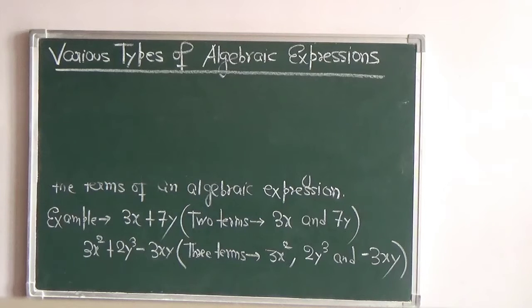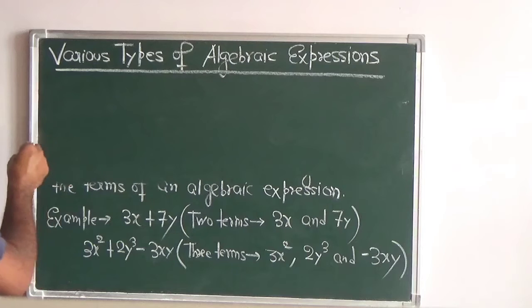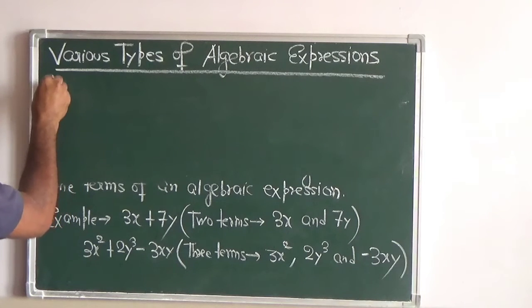So you have come to know about the constants, you have come to know about the variables, also you have come to know what is called an algebraic expression as well as what are the terms of an algebraic expression. Now the next topic is various types of the algebraic expression.